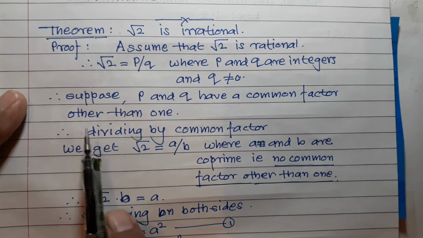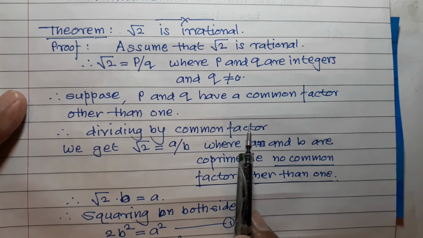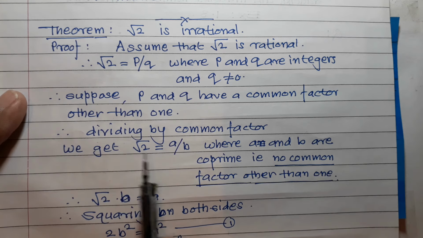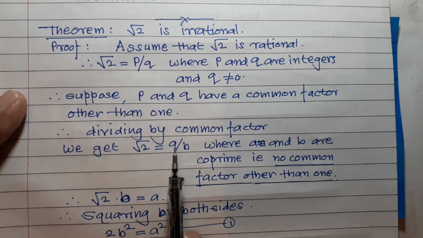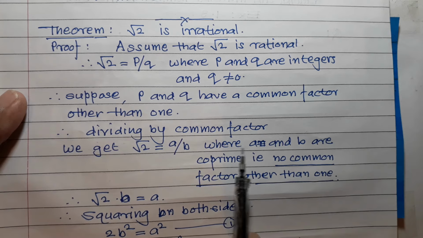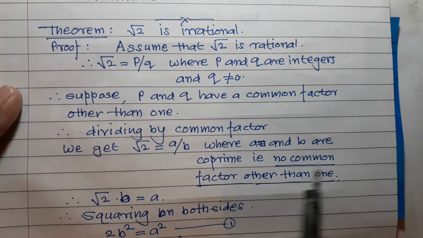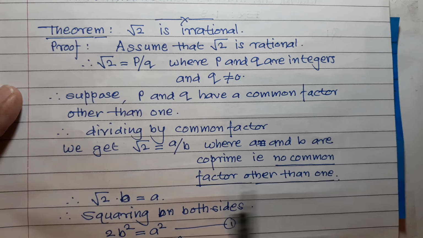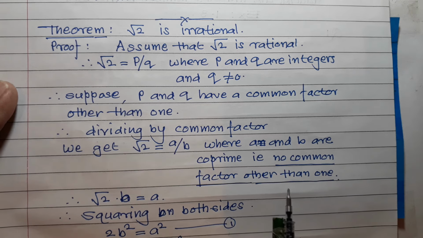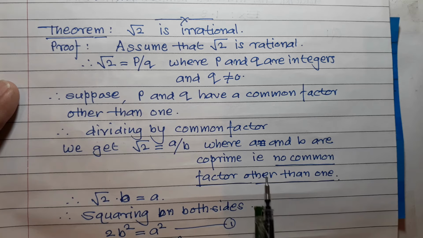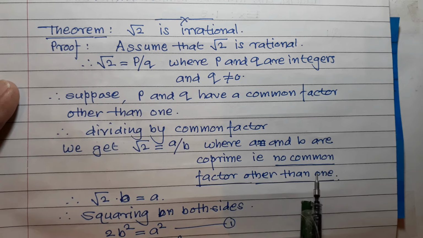So dividing by the common factor we get root 2 is equal to a upon b, where a and b are co-prime. Now co-prime means there is no common factor other than 1, like 1 upon 2, 3 upon 4, where there is only one common factor and no other common factor other than 1.